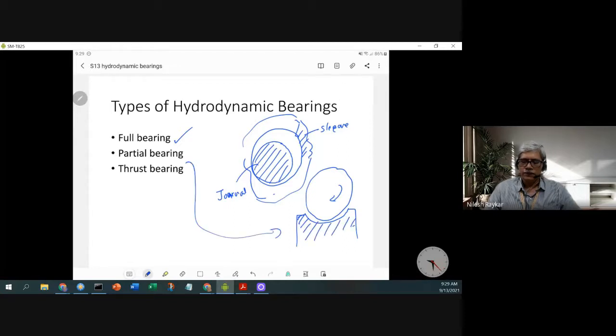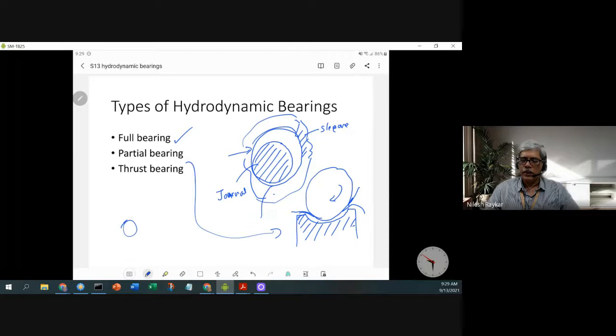In this course, we will be studying only the full bearings. The partial bearings are typically used in railway cars, that is the wagon cars, at the wheels. In this case, you have to continuously supply the oil because it gets depleted through both the circumferential side as well as the length side.